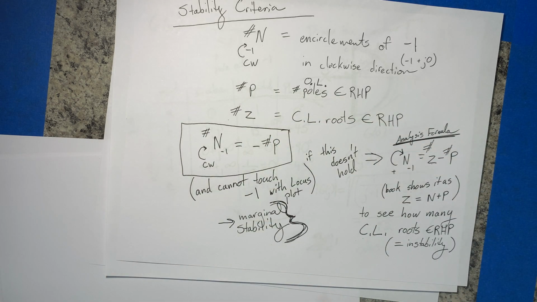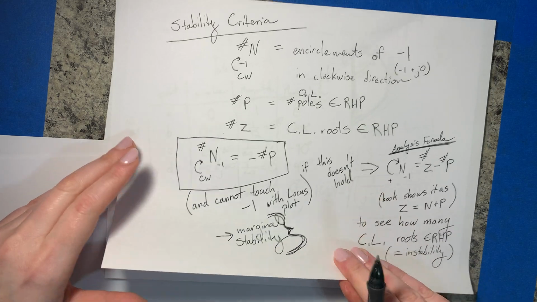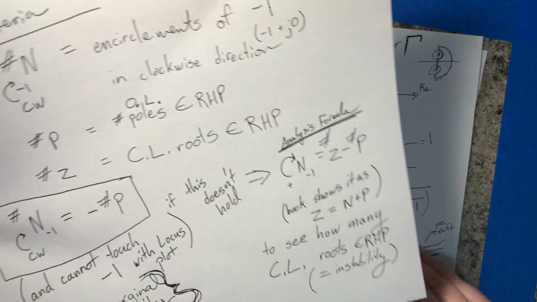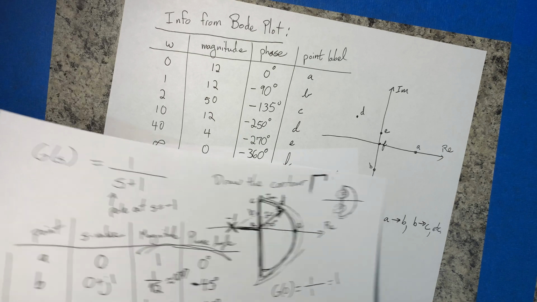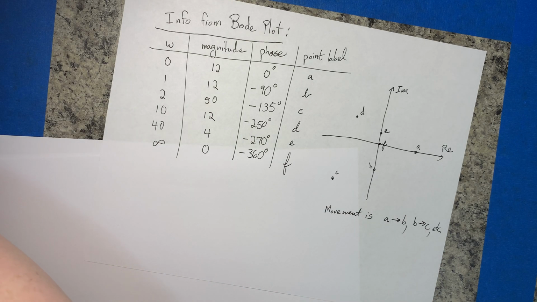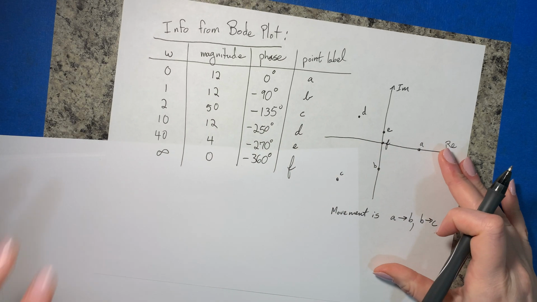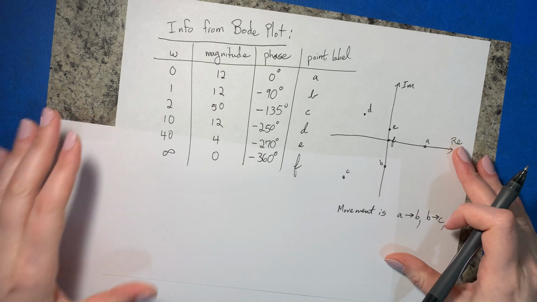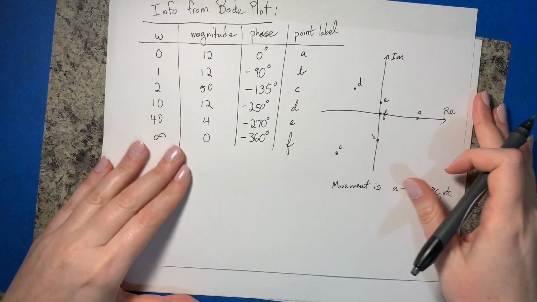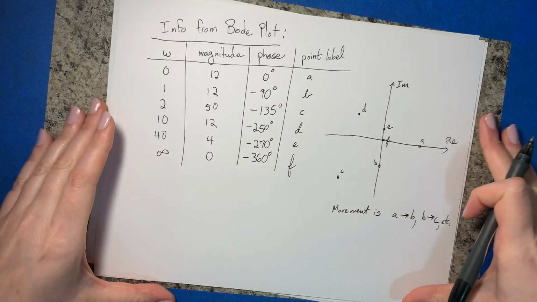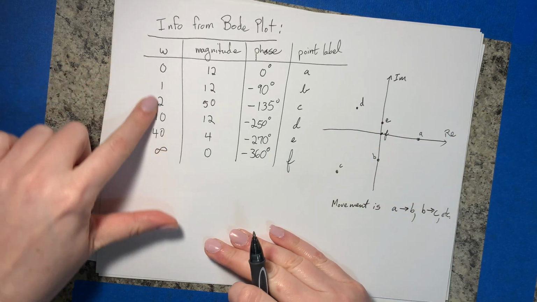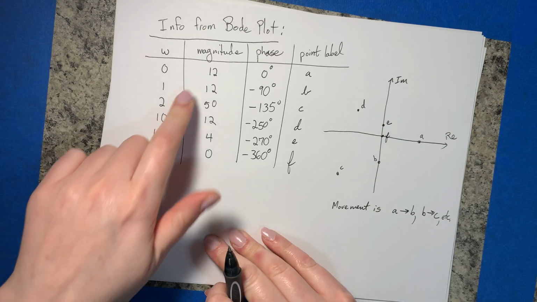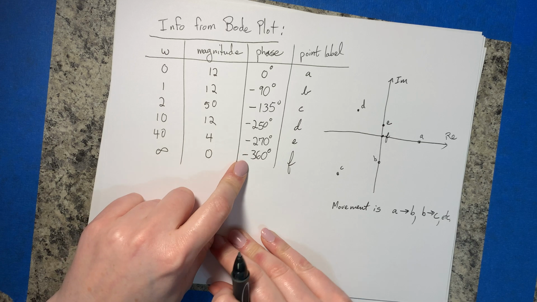Let's look at another example though. Let's say now that we have gotten some data from a Bode plot. So our Bode plot has given us, versus the increasing frequency, certain magnitudes and certain phases.